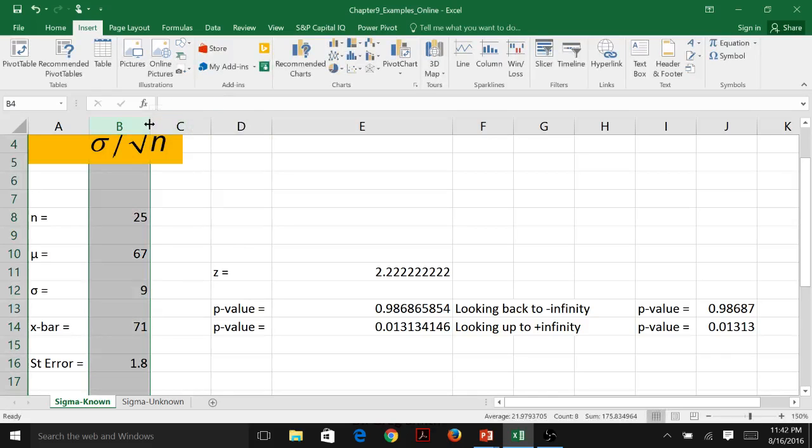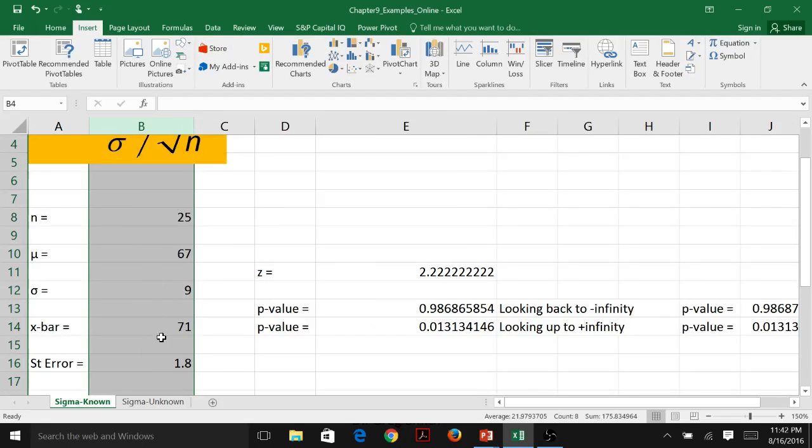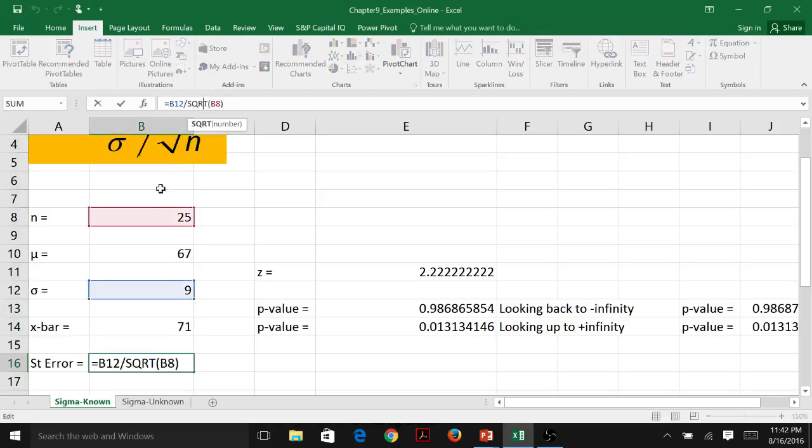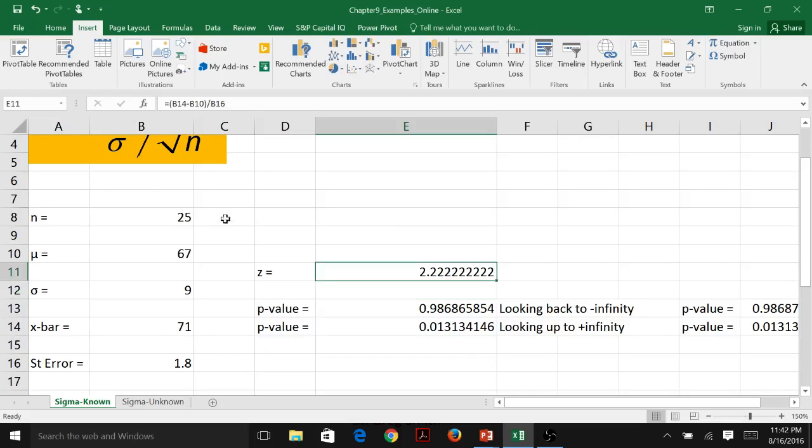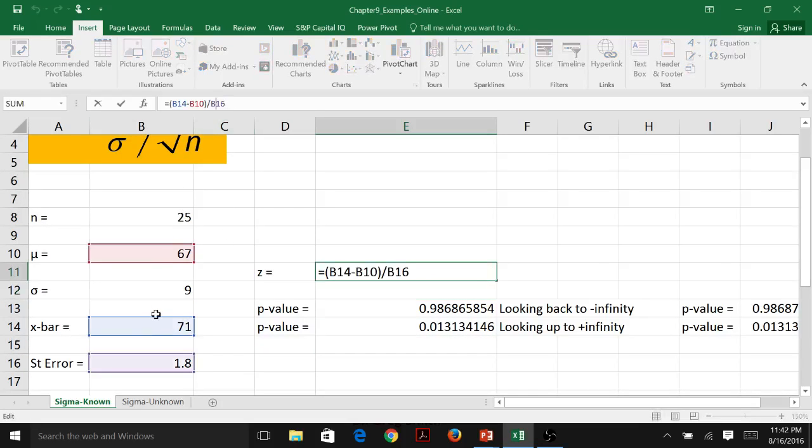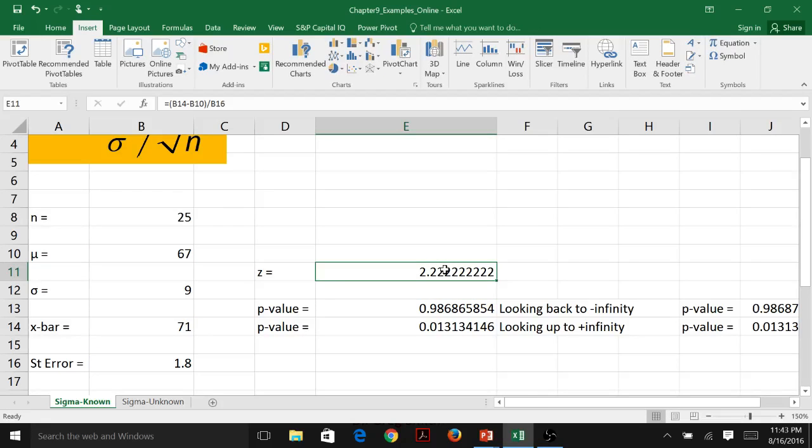See it? Standard error here is 9 divided by the square root of 25. And so my z statistic, as it was laid out before, is nothing more than x bar minus mu divided by the standard error. Great. Pretty simple to do in Excel, and I'm going to have this available to you in your course module.